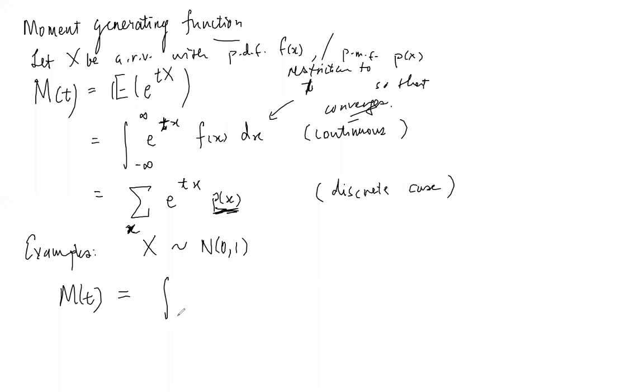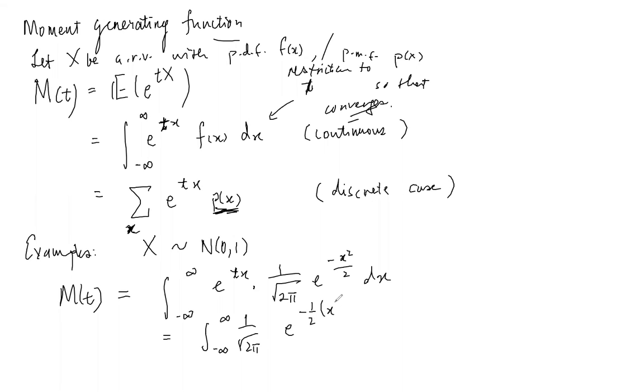So let's say you have the normal. You have E[e^{tX}] equal to the integral of 1 over square root of 2 pi, e^{tx} e^{-x^2/2} dx, okay? So you can do it like this, combining the exponents; this should be a negative.